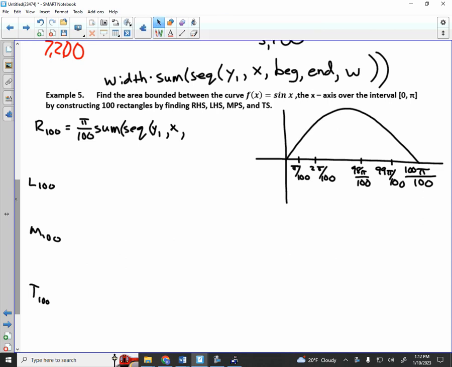So that's what you put next: the beginning is pi over 100 for the right hand. We're going to do all four, but I'll show you a way to make it quick and easy. Where's the last spot for the right hand that we evaluate the height? 100 pi over 100, or otherwise just pi. You can just write it as pi. So what you're telling your calculators is: start at pi over 100, end at pi, and each time go over one width. That's why you have to tell it the width here, which is obviously pi over 100.